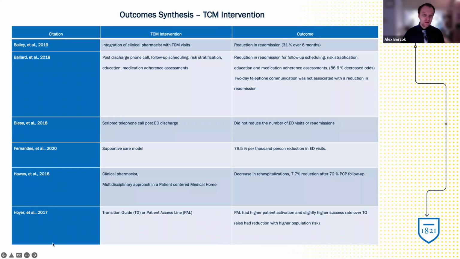One study that was very interesting showed that there is a ceiling as far as risk stratification. Patients with a LACE score of 13 or higher, particularly patients with congestive heart failure, did not respond to TCM interventions in that study, although they were very passive in their application.